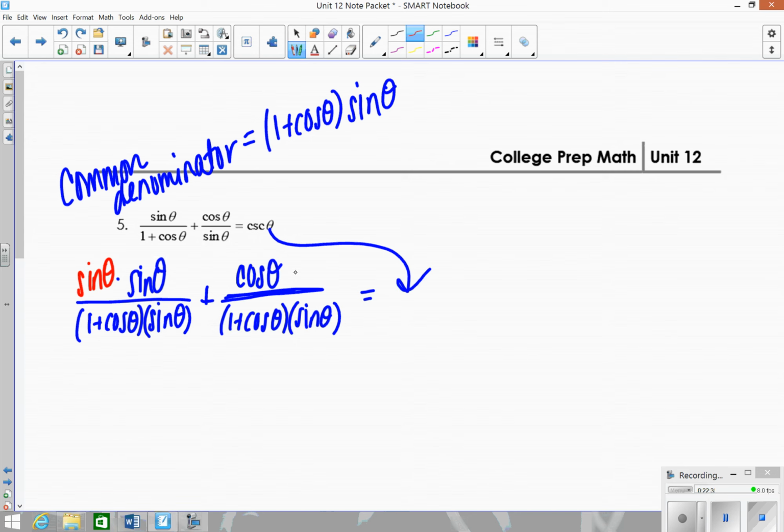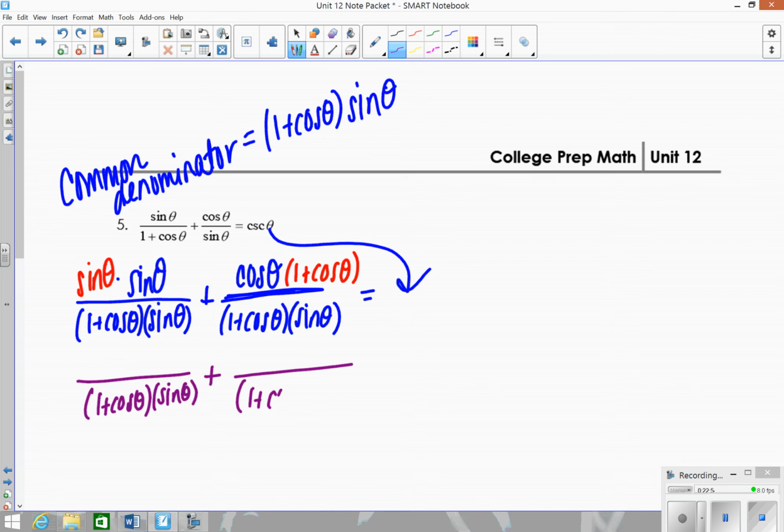I had to multiply it by 1 plus cosine theta. So then from here, when we go to simplify, the denominators are going to stay the same. Those won't change. But the numerators, you can simplify.